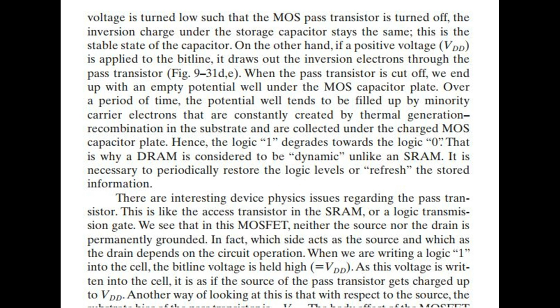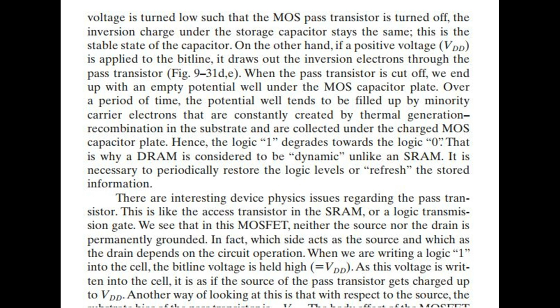Over a period of time, the potential well tends to be filled up by minority carrier electrons that are constantly created by thermal generation recombination in the substrate and are collected under the charged metal oxide semiconductor capacitor plate. Hence, the logic 1 degrades towards the logic 0. That is why a DRAM is considered to be dynamic, unlike a static random access memory. It is necessary to periodically restore the logic levels, or refresh the stored information.